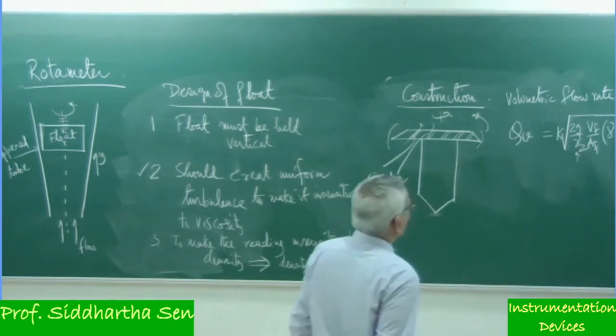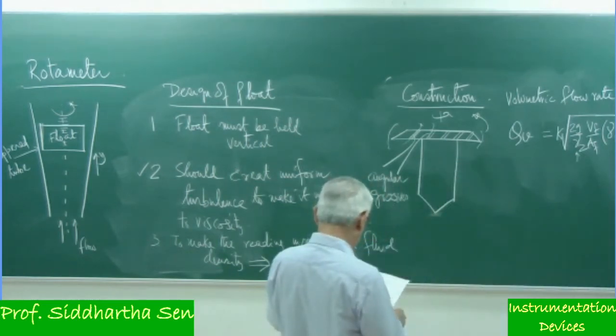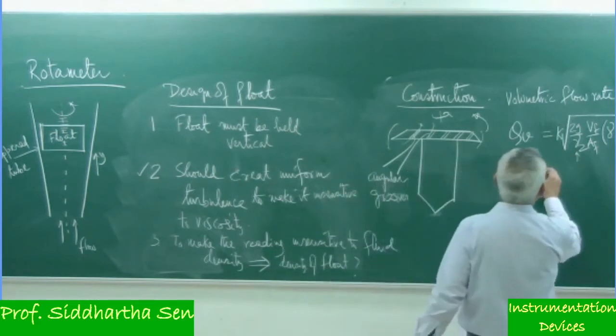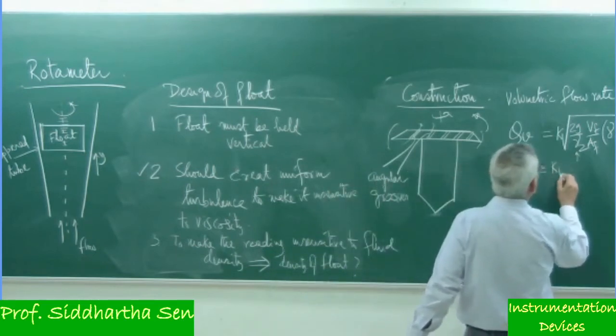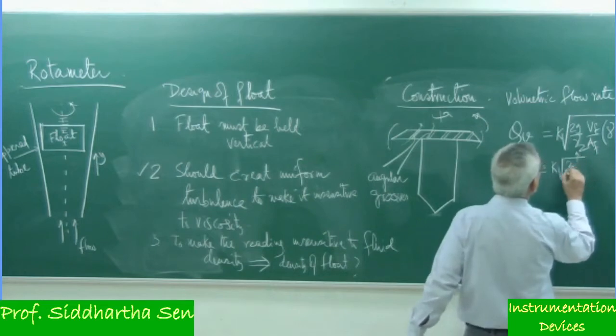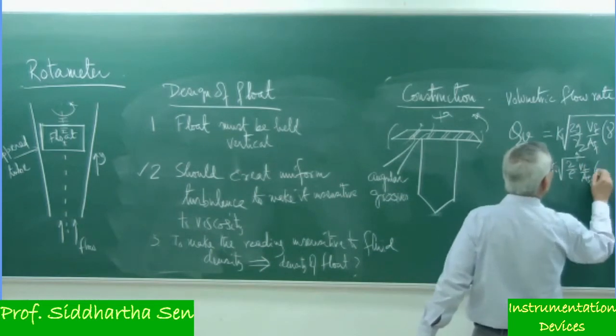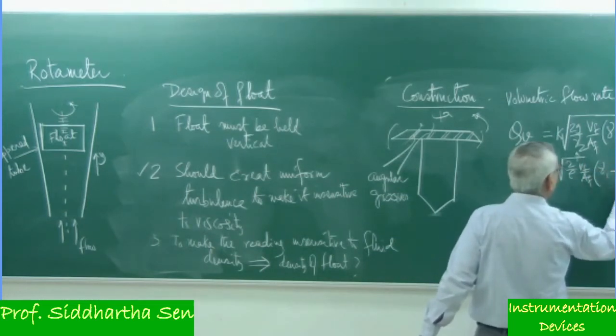So, what we can do is that, basically we can say this is equal to K root over 2 by rho, we know, Vf by Af into gamma 1 minus gamma 2.